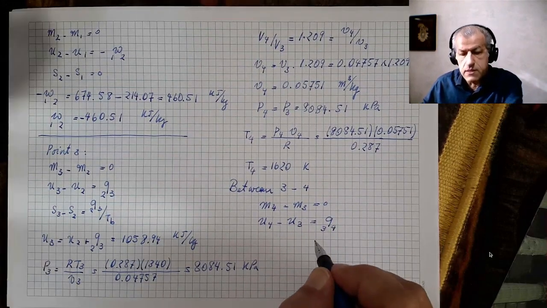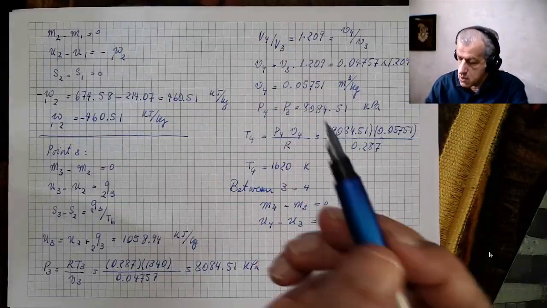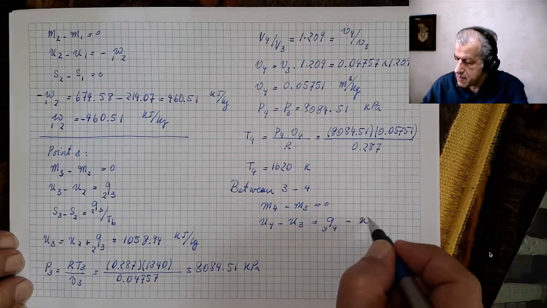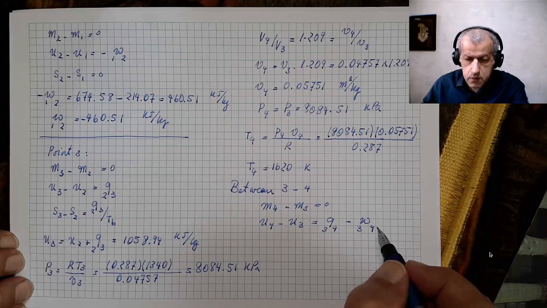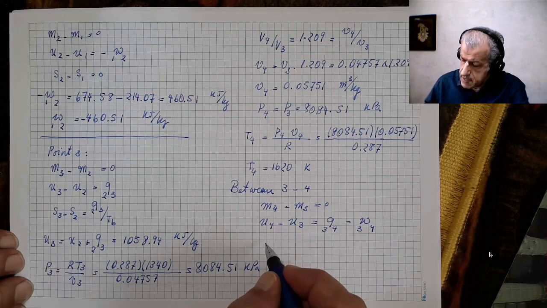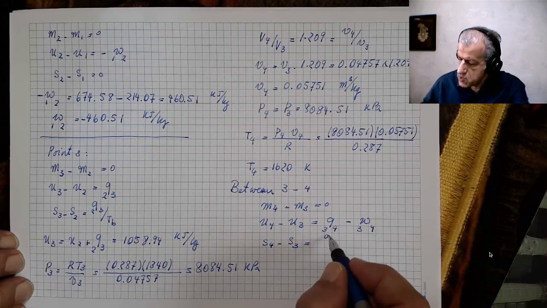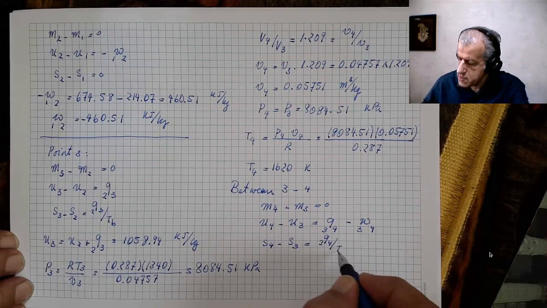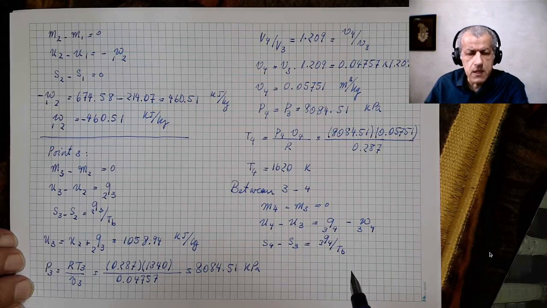Of course, there is heat transfer because we are injecting heat, but there's also constant pressure work, so minus W34. And the equation for the second law is that S4 minus S3 equals Q34 over Tb. That's all, but we don't usually use it for our dual cycle calculations.